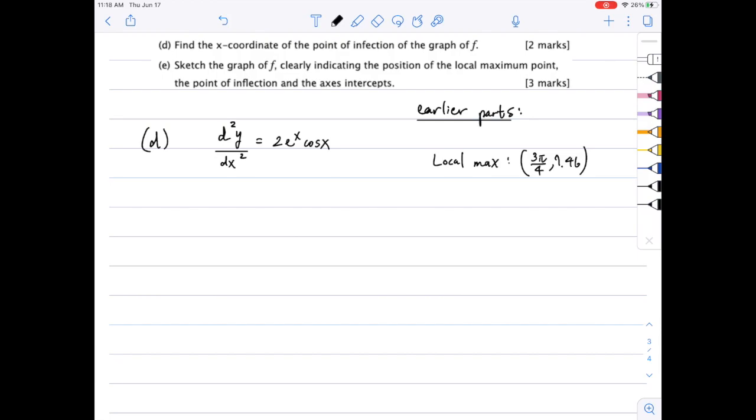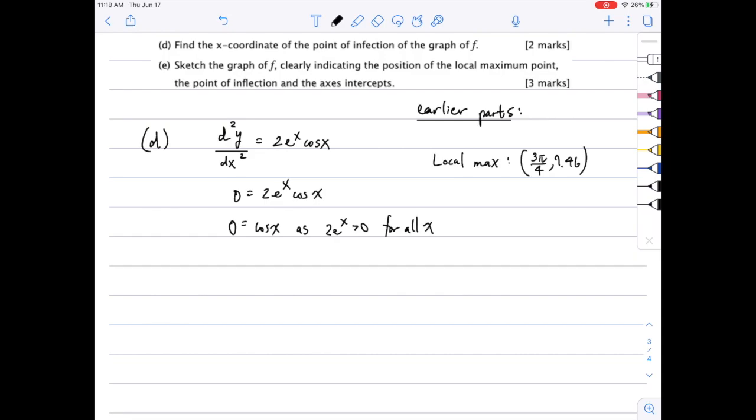So part D says we just need to find the x-coordinate of the point of inflection, so we can find the second derivative, and then set the second derivative equal to 0. So we get something like this. Now, 2 times e to the power of x is always positive for all x.